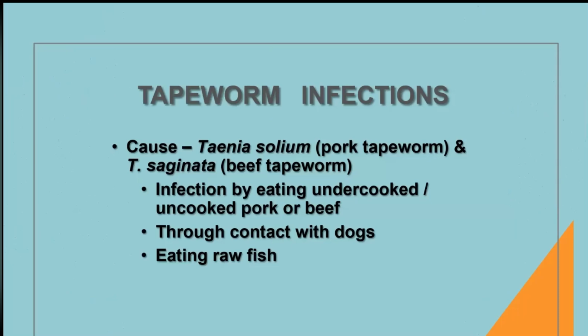Tapeworm infection is caused by Taenia solium, or pork tapeworm, and Taenia saginata, or beef tapeworm. Infection occurs by eating undercooked or uncooked pork or beef, through contact with dogs, and eating raw fish.